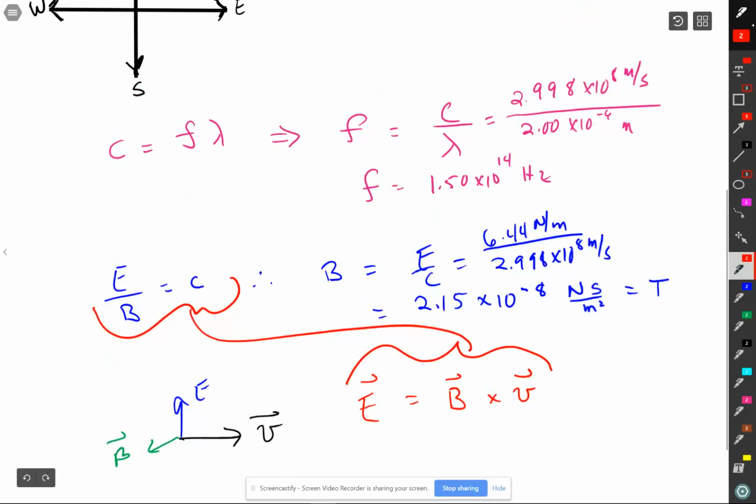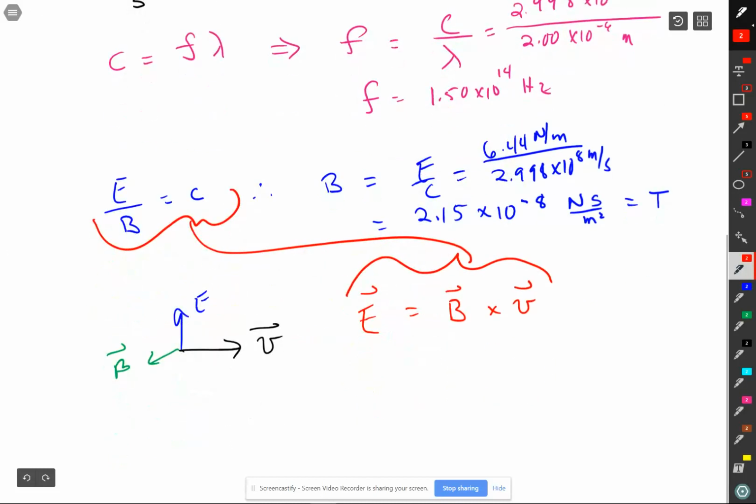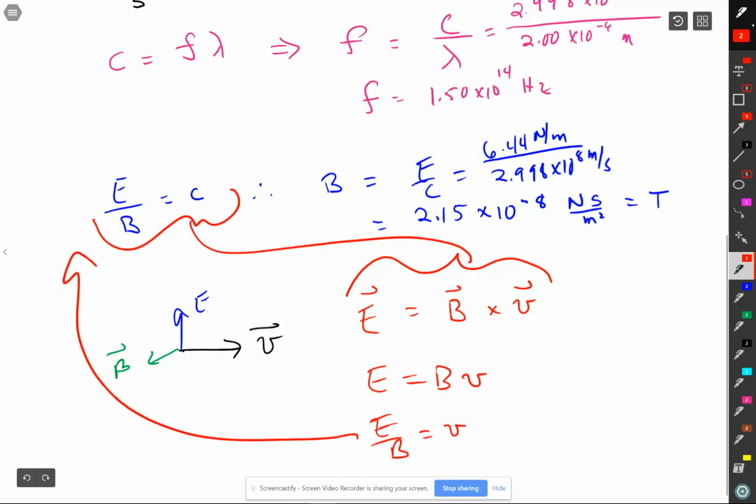Notice if I take the scalar value, since the magnetic field is always perpendicular to the velocity, I'd have E equals Bv, or E over B is equal to v. So you can see they're fundamentally the same equation because we have the mutually perpendicular relationship.